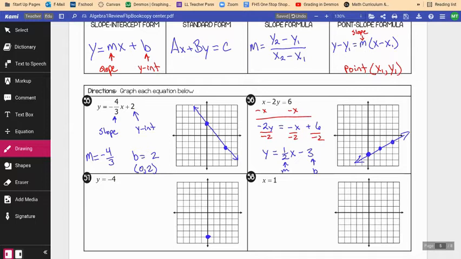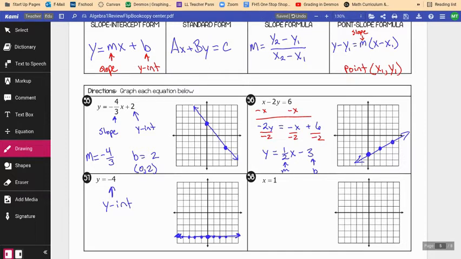Basically it's saying y is always equal to -4. So I'm going to show you a series of points where y is always equal to -4. If I connect all those dots, that just forms a horizontal line. So this is technically the y-intercept, right?